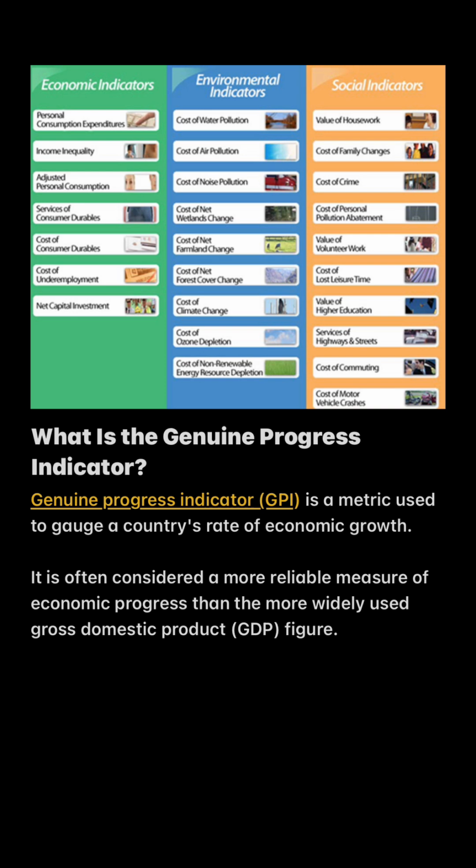Another one to take note of is the genuine progress indicator, and this is a metric used to gauge a country's rate of economic growth. It is often considered a more reliable measure of economic progress than the more widely used GDP figure. And when you're looking at this figure, as you can see in the chart, economic indicators on the left, environmental indicators, and social influences. These are the three categories that go into the genuine progress indicator.